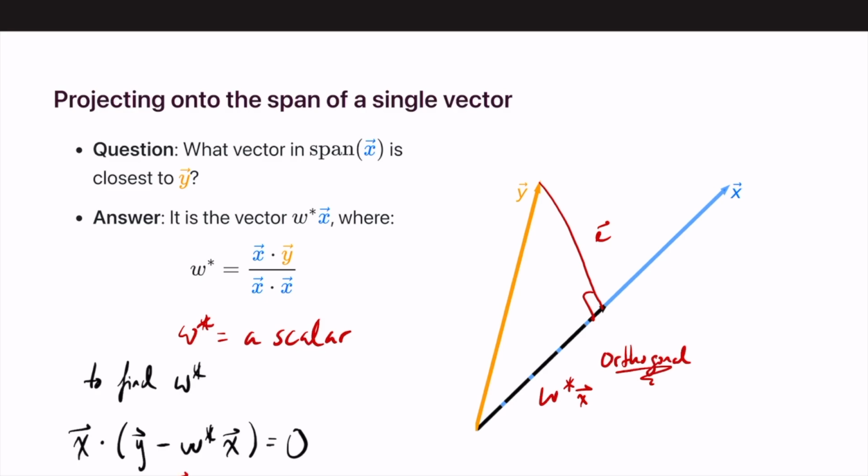Wherever we have the x vector dot product with the E, and that equals 0, which means that they're orthogonal, that's how we found out what our w is. Because if we want to make w star the scalar that sets the vector of x to being orthogonal with E, then that's the best w, and that can only happen under one condition, and that's when the dot product is equal to 0.